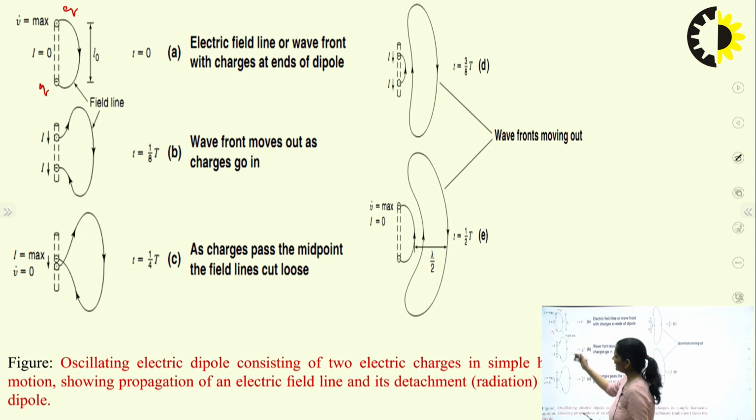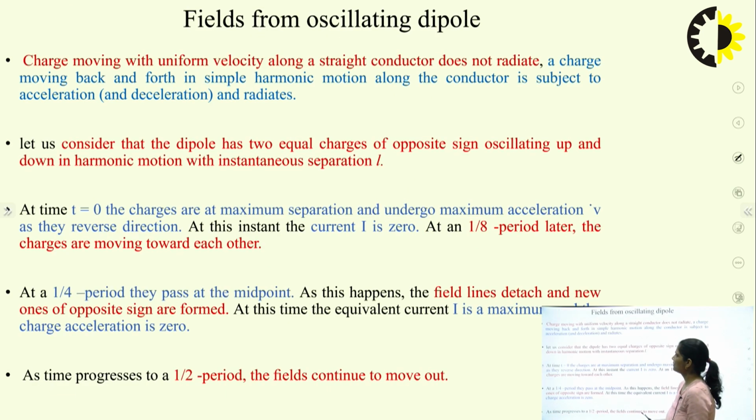Now when the charges are moving with a uniform velocity in a straight conductor, it does not radiate. But if the charges move back and forth, meaning in an oscillating form, then there is radiation in a straight conductor, right?